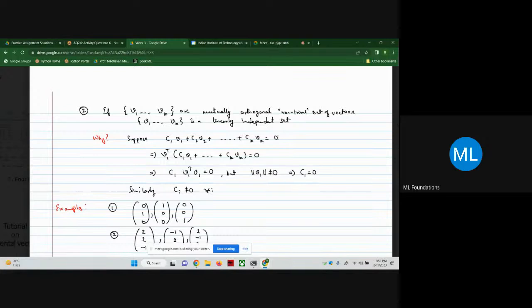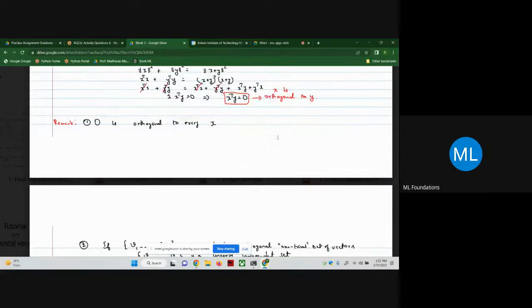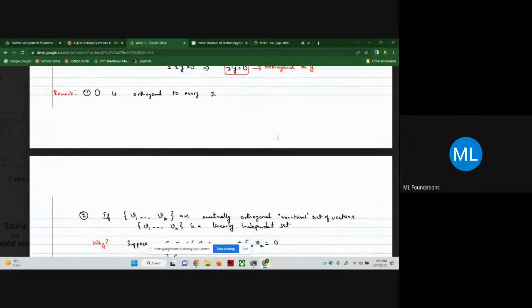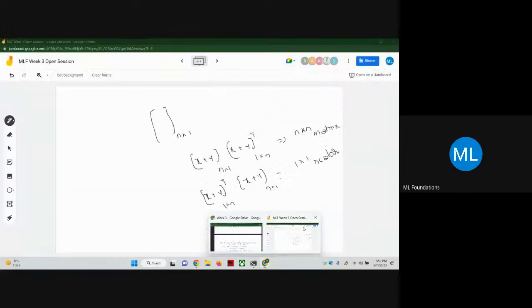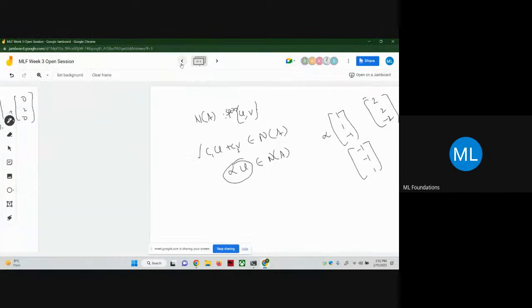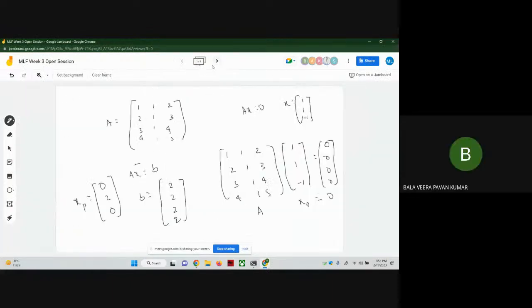Previously we have seen what we write as span of u comma v, right? Those u and v are linearly independent sets of vectors. For example, you could see here, individually they are independent, but combined they make a null space.